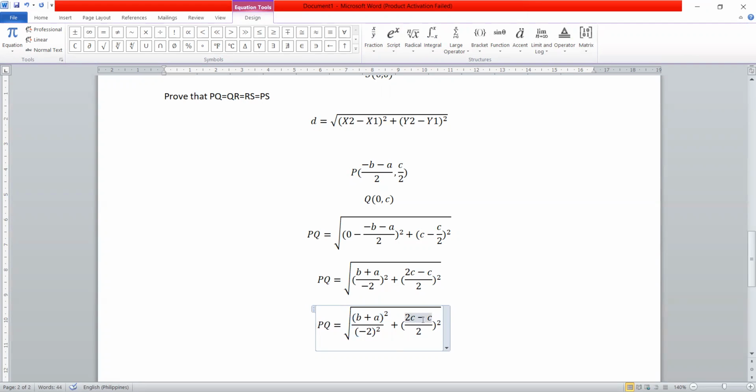And for this one, you have 2c minus c. That's just like 2 minus 1, which is 1c over 2.